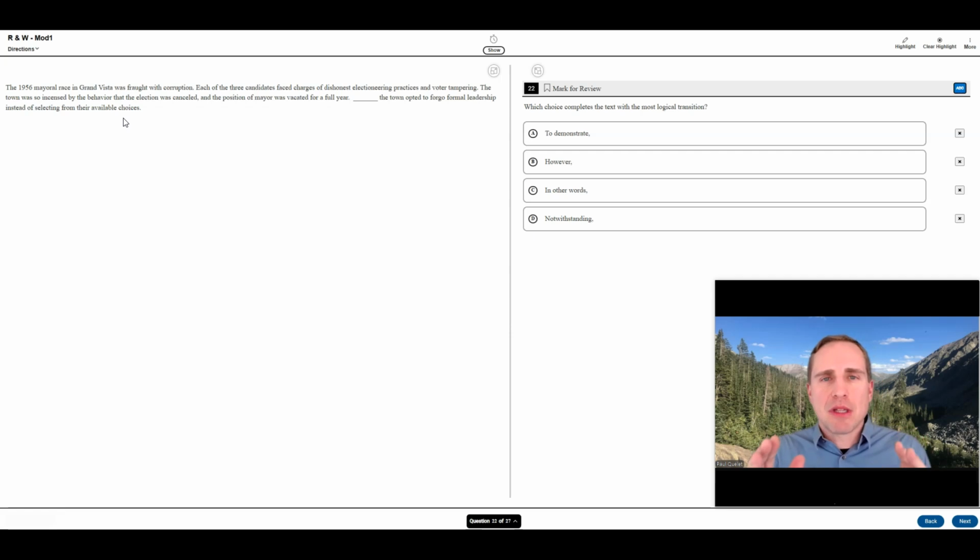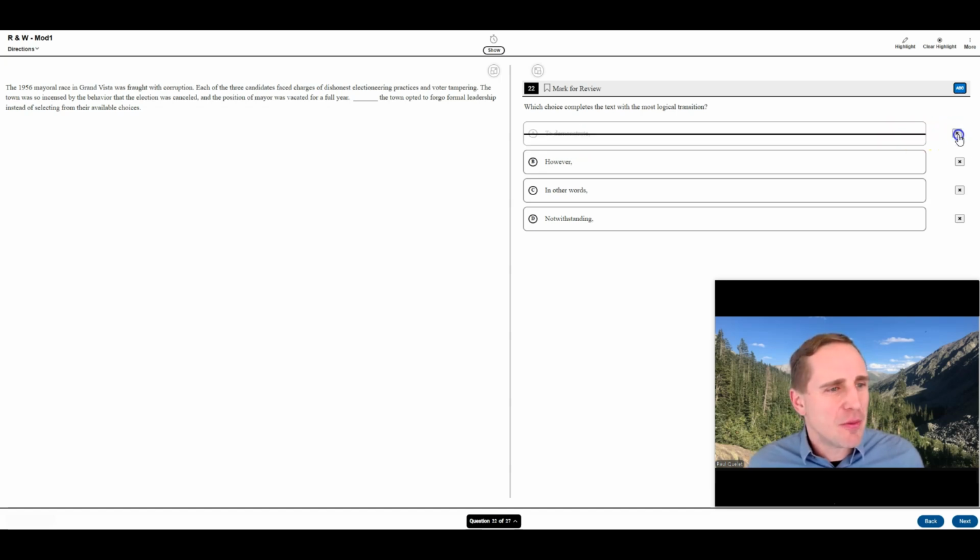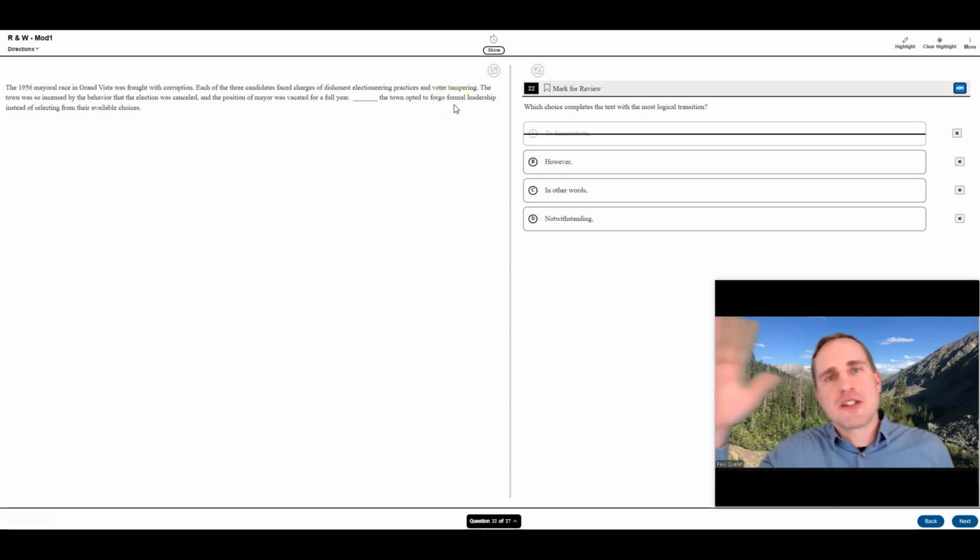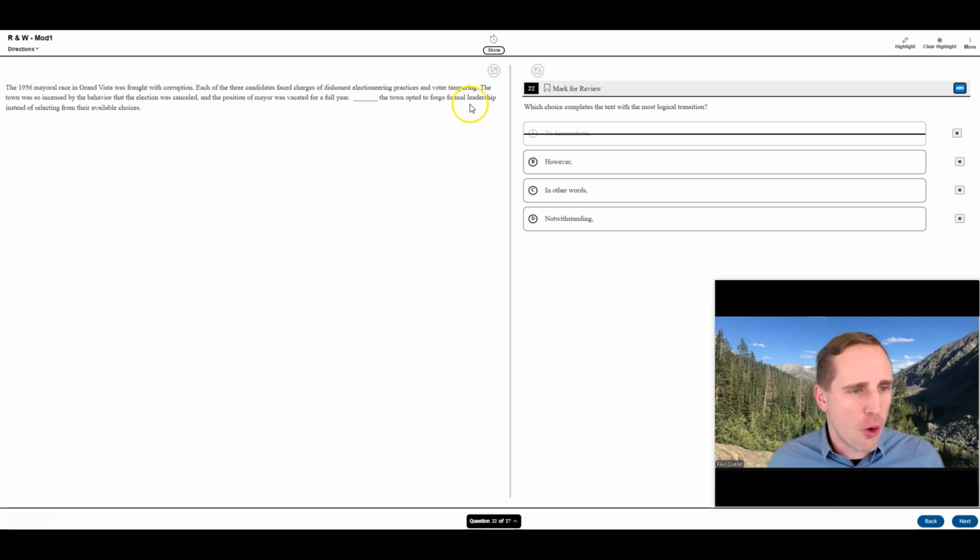So to me, that blank sounds like a contrast to having a leader, that is, having an elected official. So in contrast, are we going to demonstrate? No, I don't think so, because we opted to forego. Forego means to forsake or to temporarily get rid of formal leadership. So do we say however?